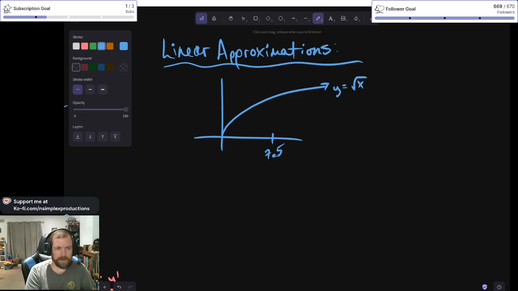But the point here is that what we would like to do is pick a particular value. Let's say 3. This is not going to be a good value.